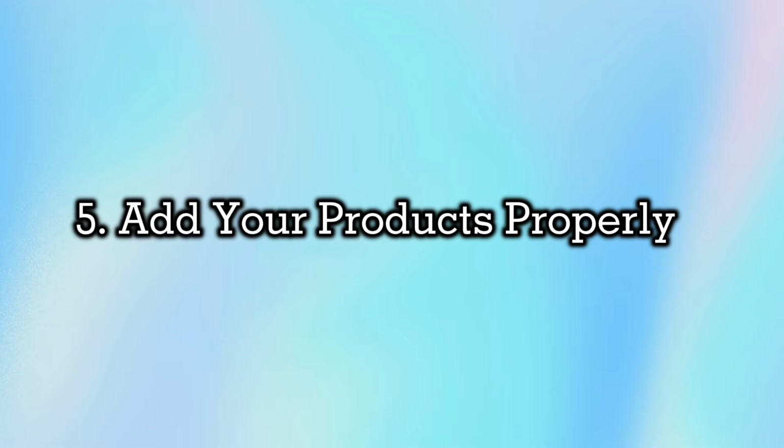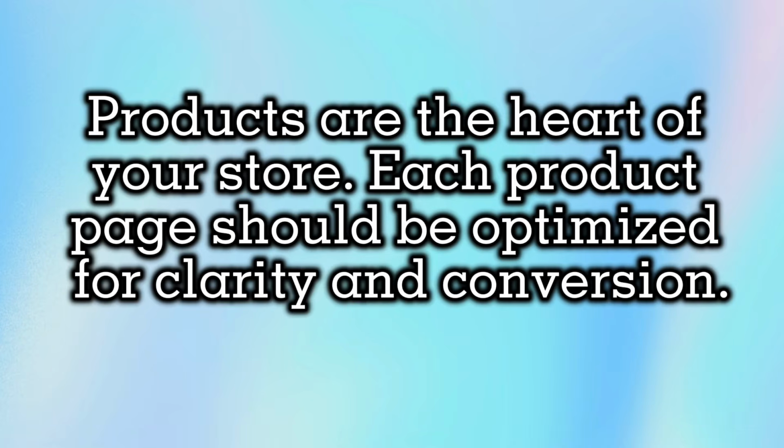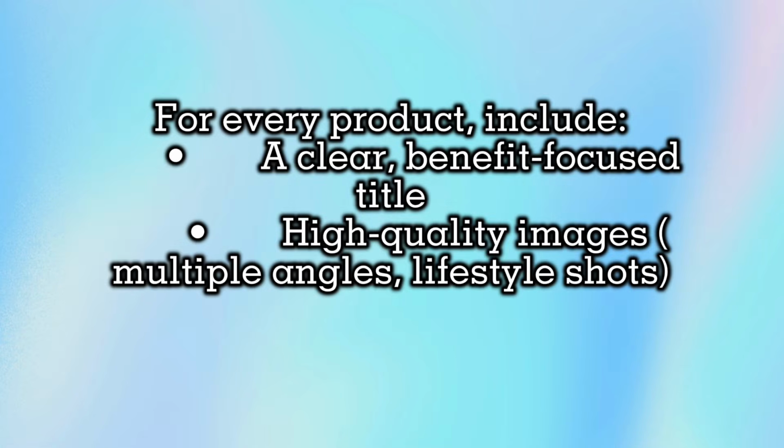5. Add your products properly. Products are the heart of your store. Each product page should be optimized for clarity and conversion. For every product, include a clear, benefit-focused title, high-quality images, multiple angles, and lifestyle shots.